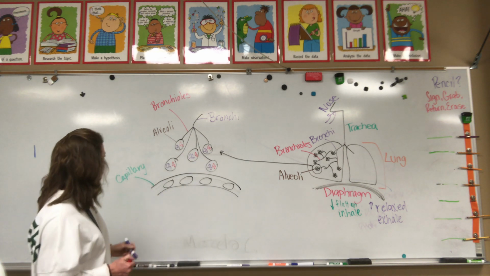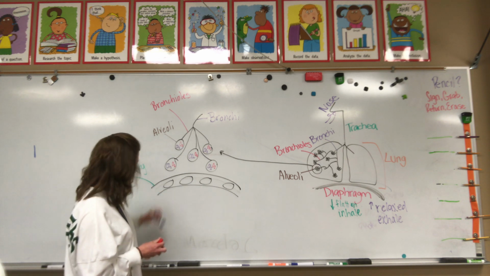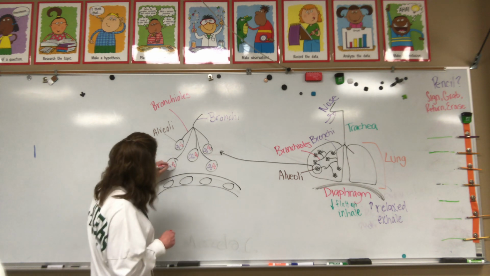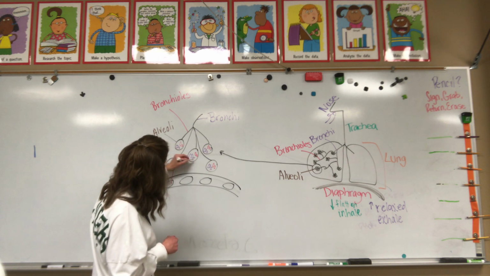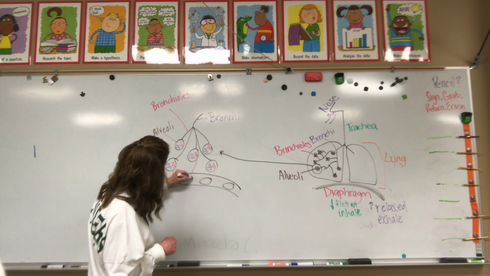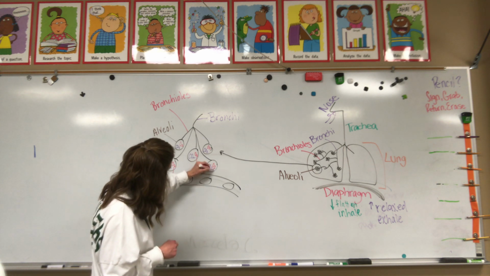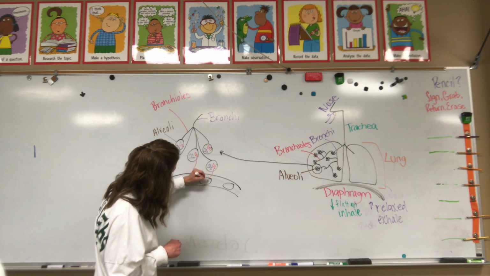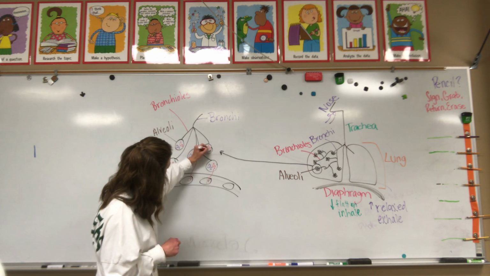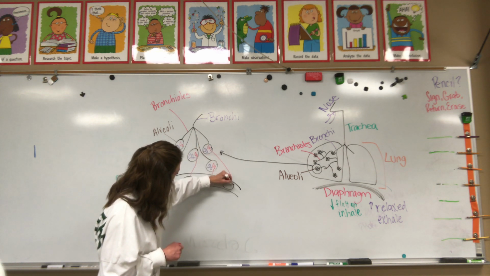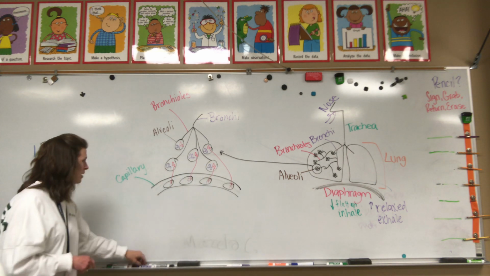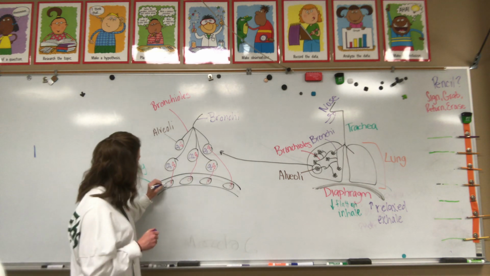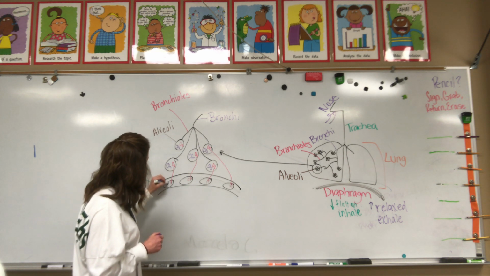So your oxygen is going to go in your blood cells. Make little red spots. It's going to go in. And carbon dioxide is going to go out.